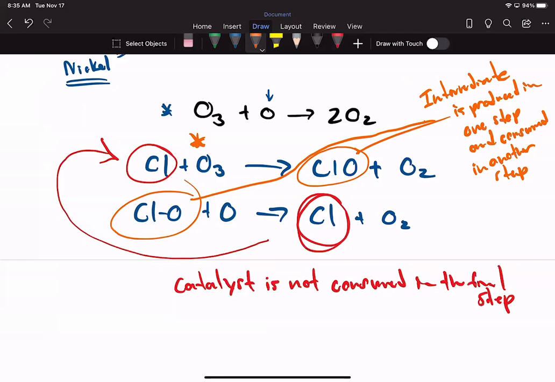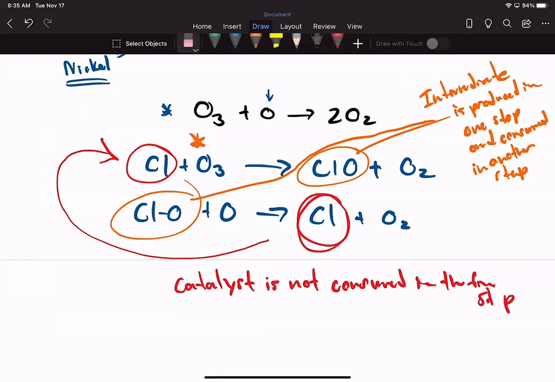But that catalyst is regenerated in every single final step until that reactant is used up, right? So that's the difference between the catalyst and the intermediate. The intermediate is produced in one step, consumed in another. The catalyst is not consumed in the final step. We begin with it and we end up with it.